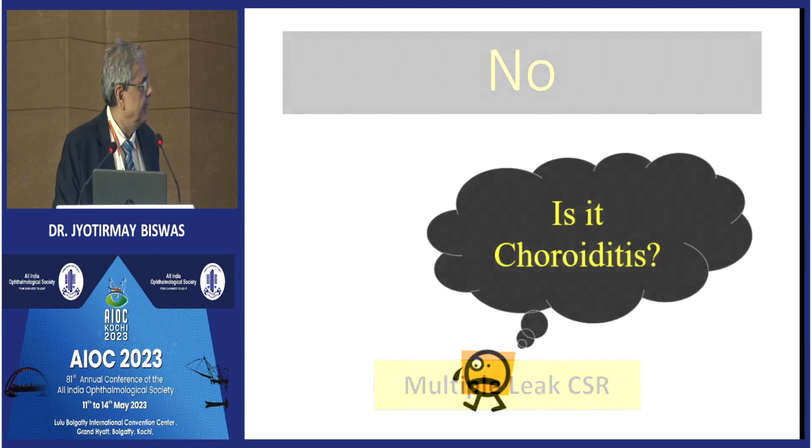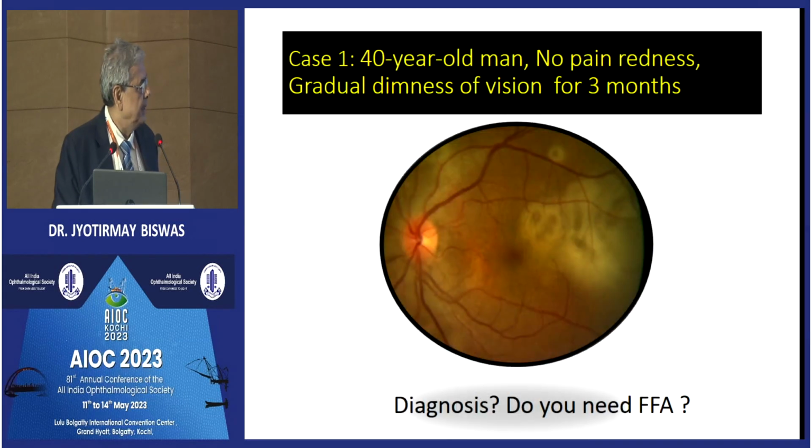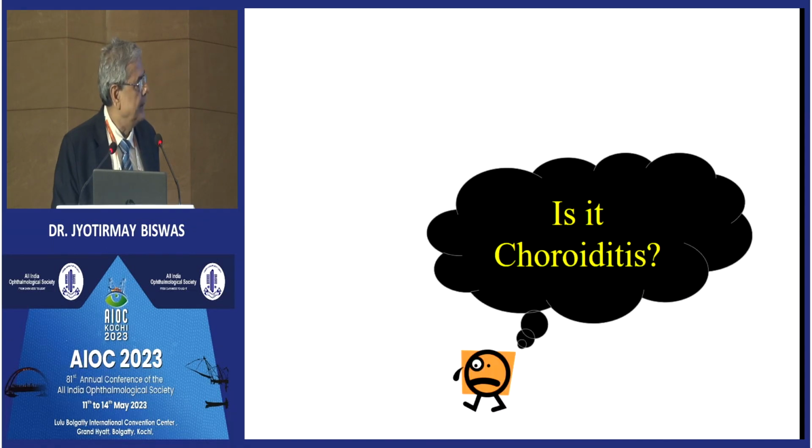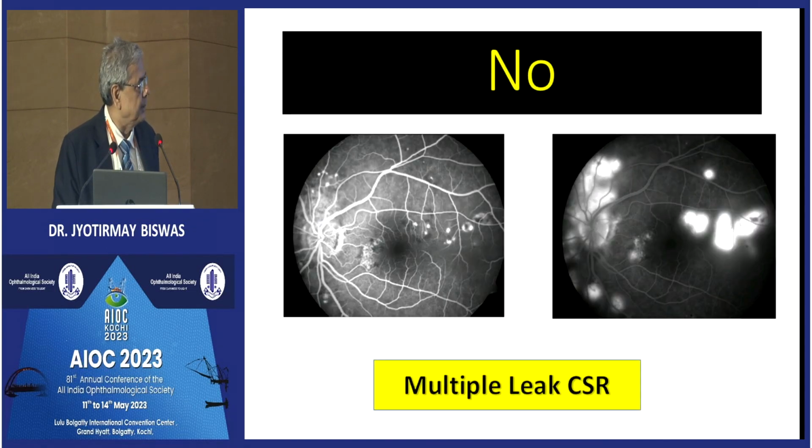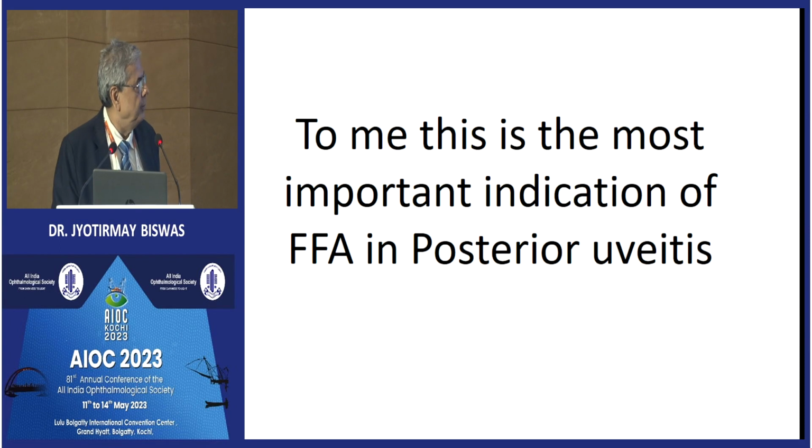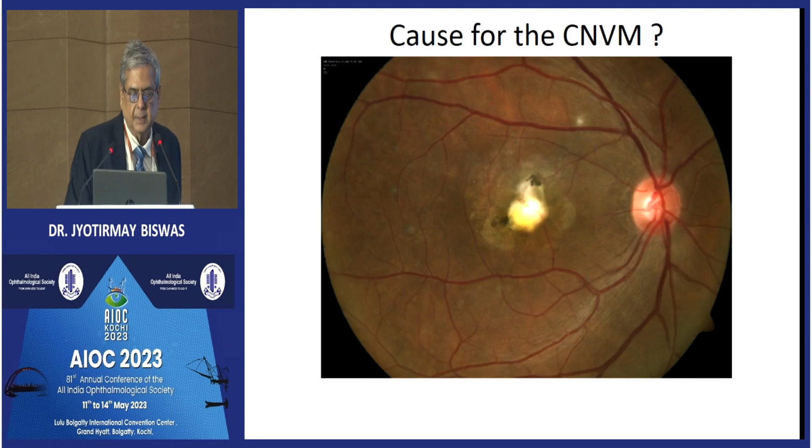If you look at the picture, it's very difficult to tell, and fundus fluorescein angiogram gives the clue. To me, this is the most important indication for FFA in posterior uveitis, because it's a diametrically opposite treatment you will be providing the patient.